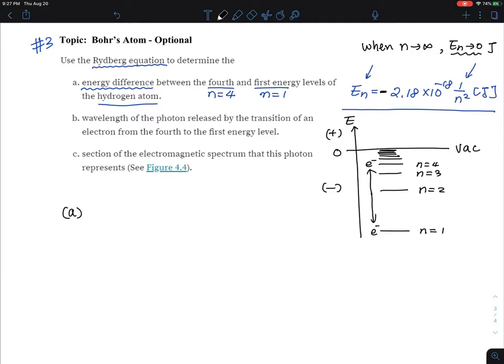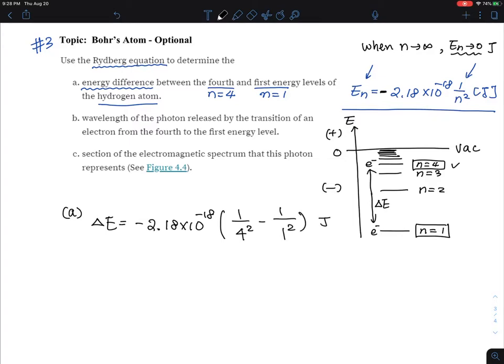This is a delta E. So delta E is minus 2.18 times 10 to the minus 18, and n is 4 has a higher energy than this one, so it's 4 squared minus 1 squared, in units of joules.